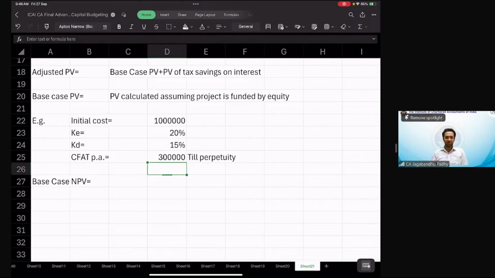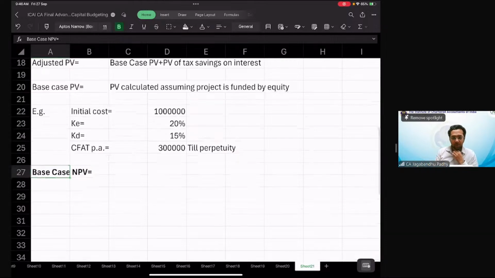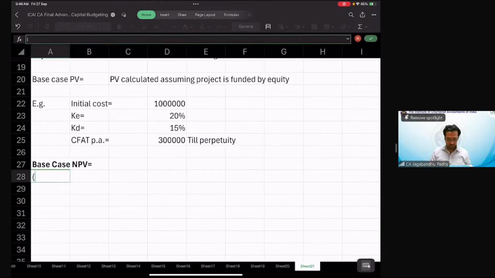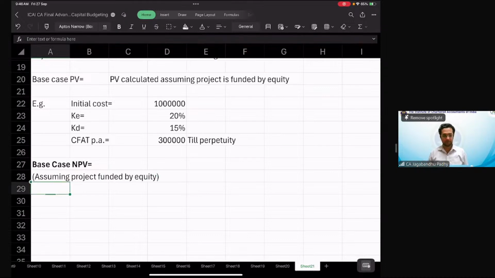Okay, 3 lakh till perpetuity. Base case NPV calculation. So when I want to calculate the base case NPV, assuming project funded by equity. So base case NPV is assuming project is funded by equity.